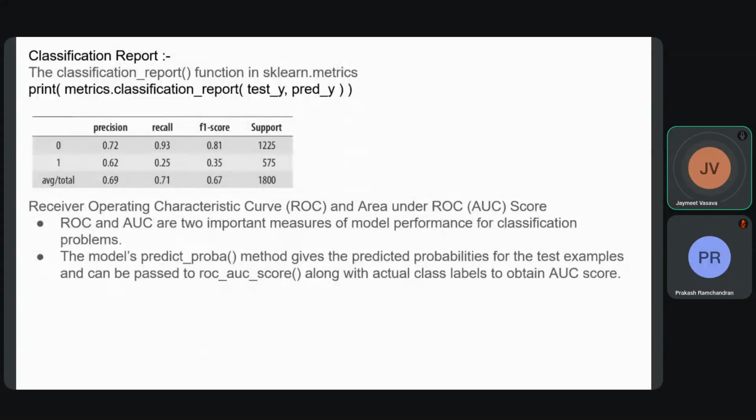We'll be creating the classification report using the metrics. When we get the classification report for our model, you can see the recall value is really low, which is 0.25, and other values are also low.